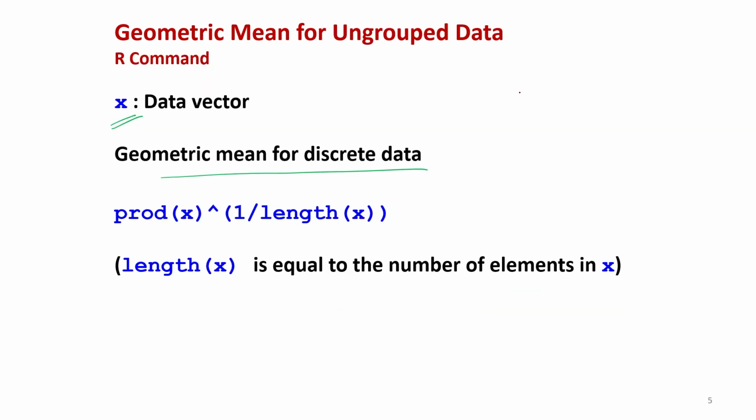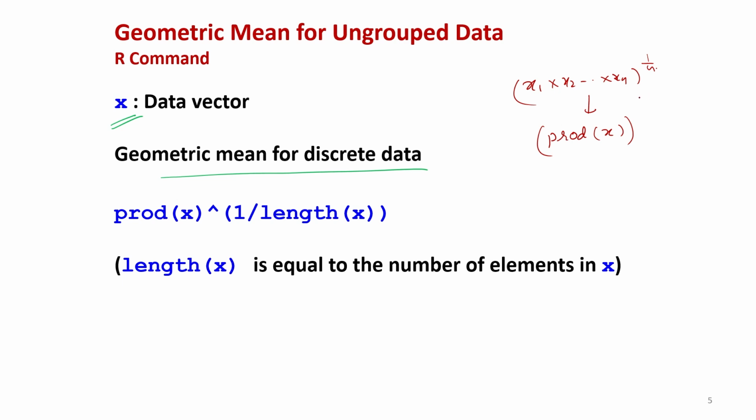So if you write x1 into x2 into xn and raise the power of 1/n, then you can think that you have learned the built-in function PROD, which gives you the product of all the values in the data vector, and n is the number of observations.